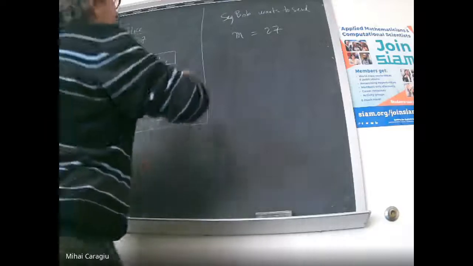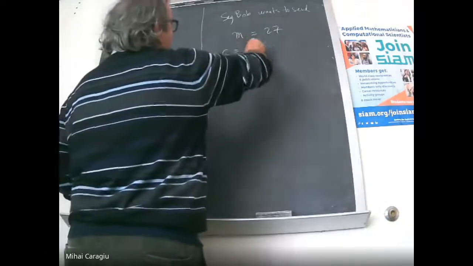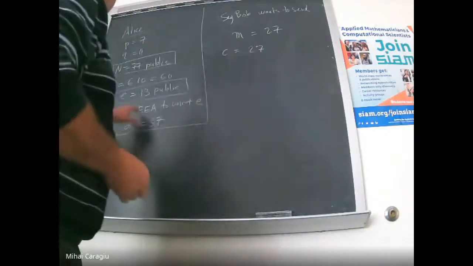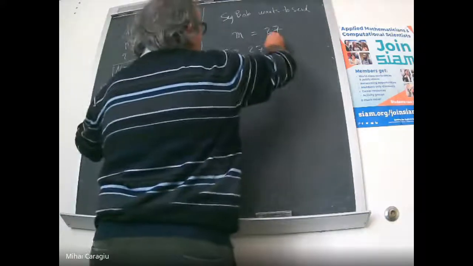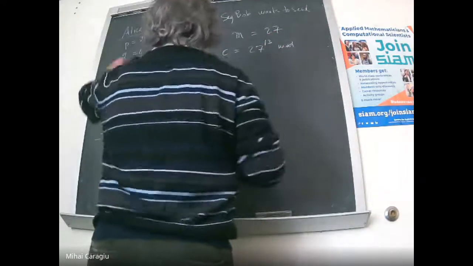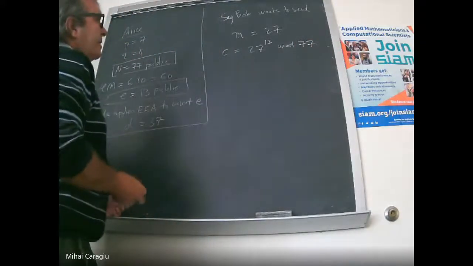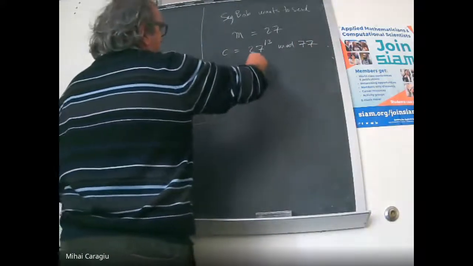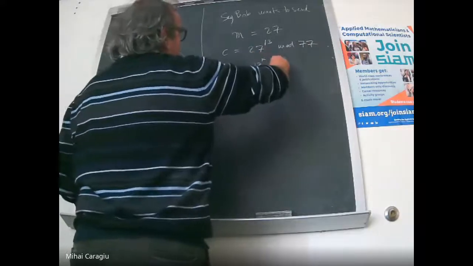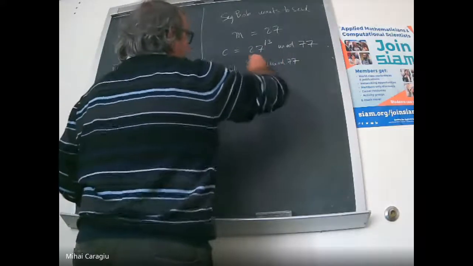How to encrypt? The ciphertext is 27, the message, to the power of the public encryption key, which is 13, modulo the RSA number 77. Let's make a table for fast exponentiation, k versus 27 to the power k mod 77.